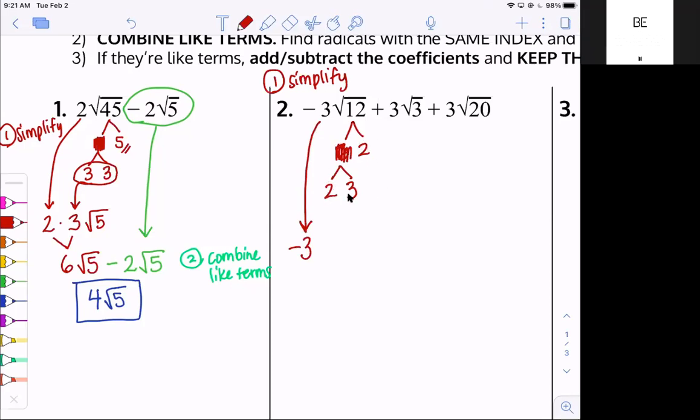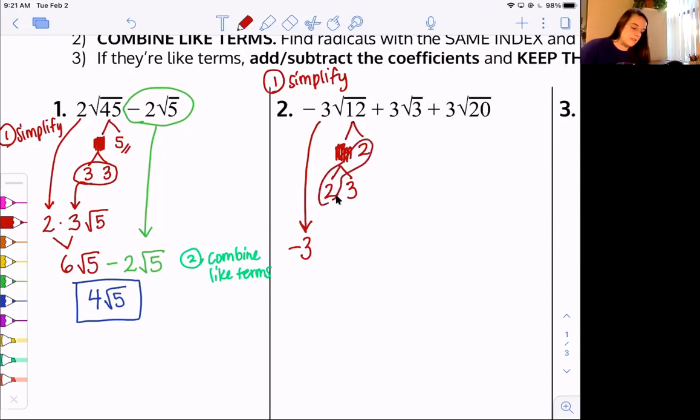Yes, I have the 2s here. The 2s are going outside, and left over is 3. So I have -6 square root 3, because I'm doing -3 times 2 on the outside, and then square root 3.